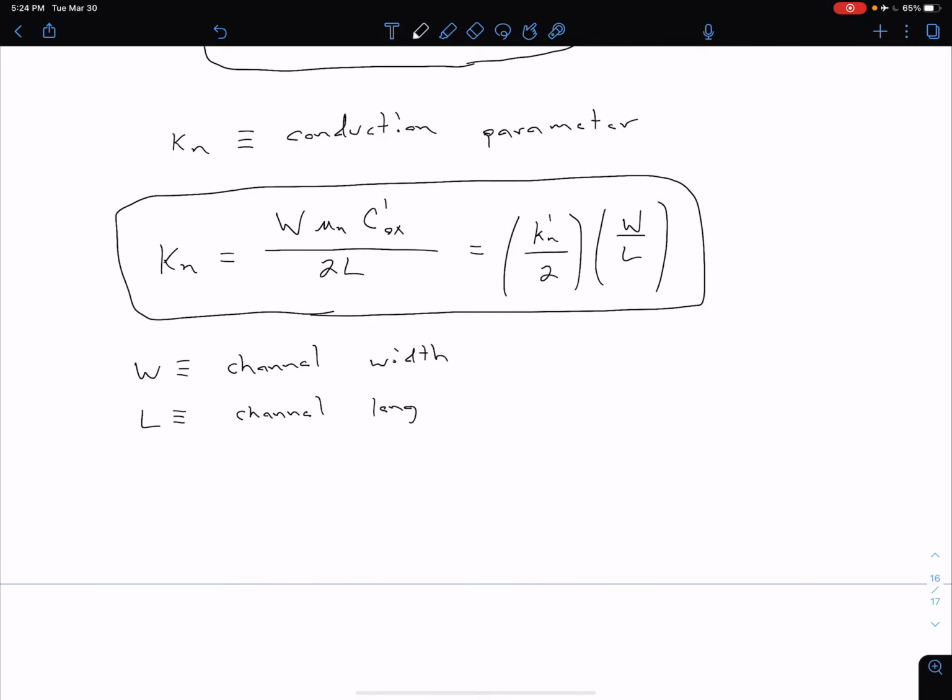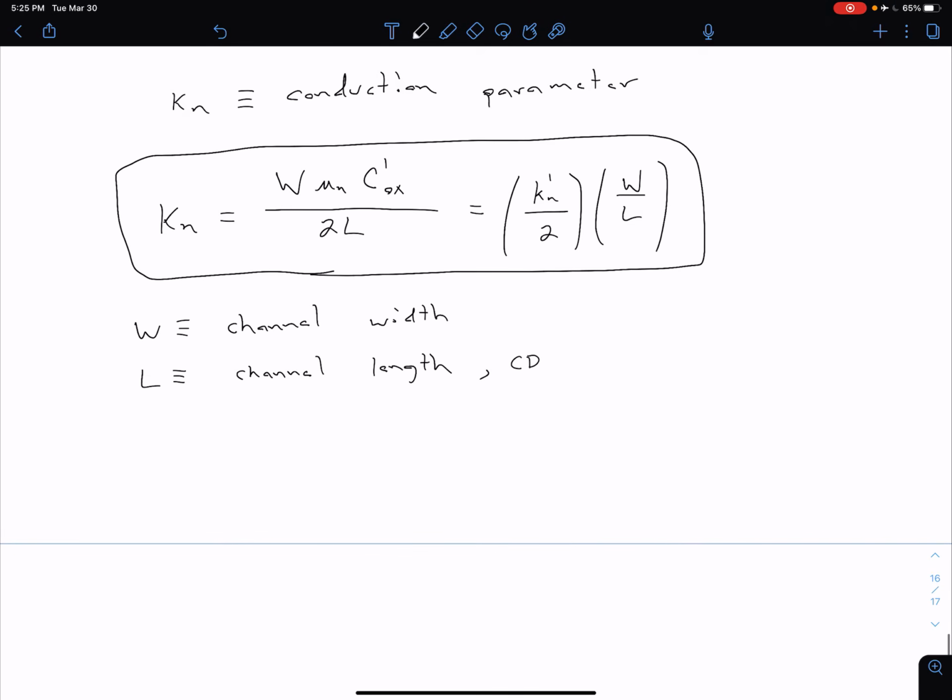Our channel length is just the distance between the source and the drain. Remember, oftentimes this is referred to as the critical dimension, or CD, and it's usually used as a metric for the generation of the device, to say, oh, this is a 14 nanometer device. That 14 nanometer is this gate length, or the channel length, we would say.